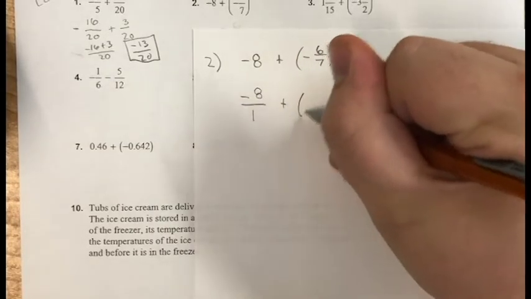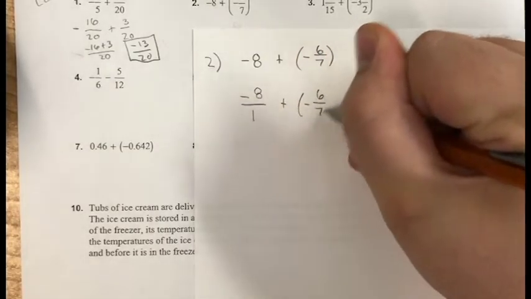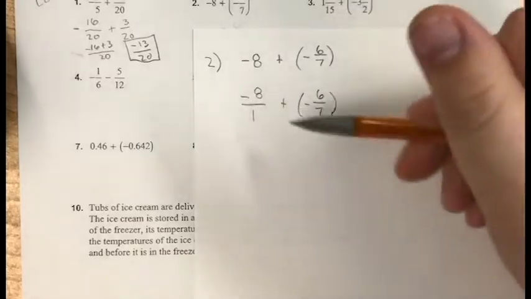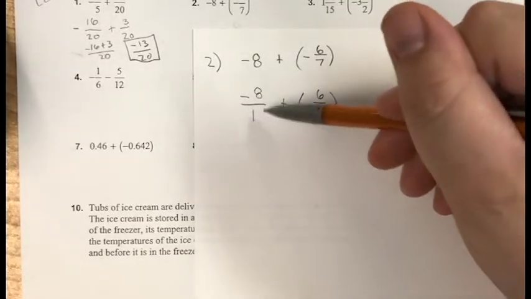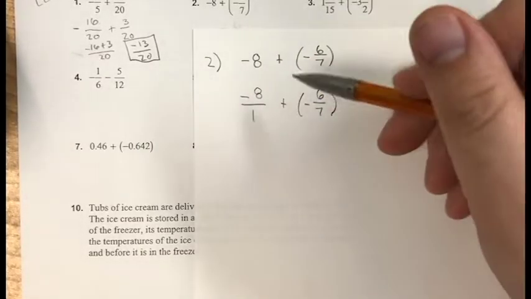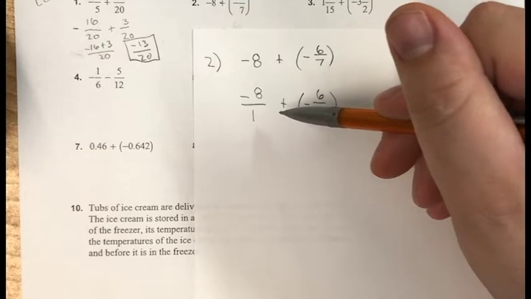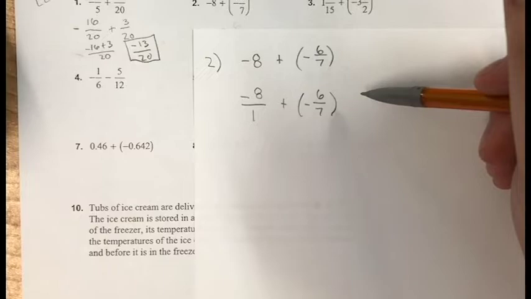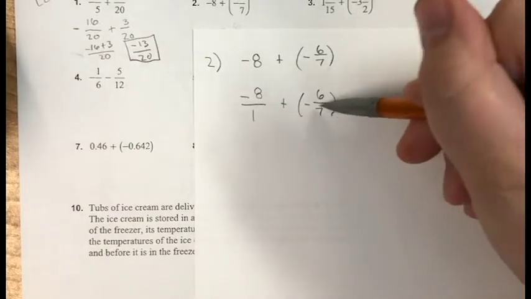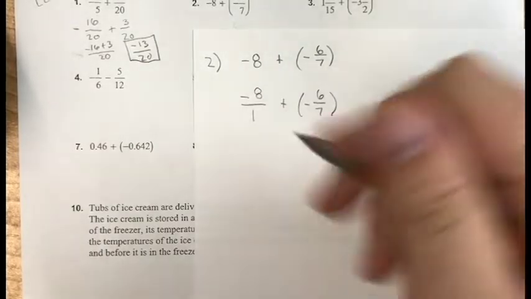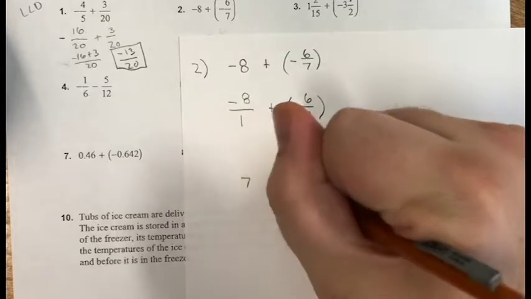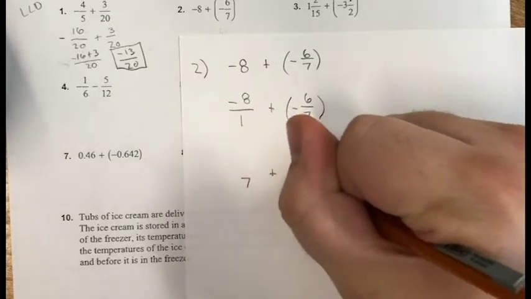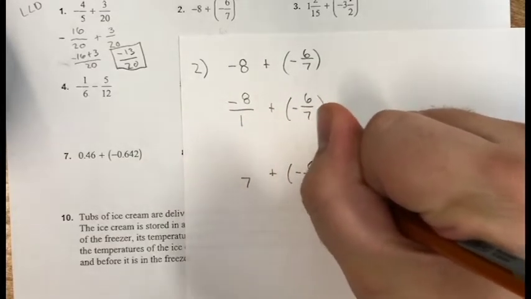So plus negative 6/7. Now, since I've got this written as an improper fraction, I can continue to do so. And what I want to do is make my least common denominator. Well, the easiest least common denominator that I can use is actually the number 7. So I'm going to put this as 7 plus a negative 6/7.